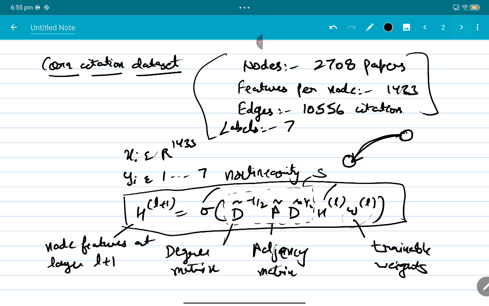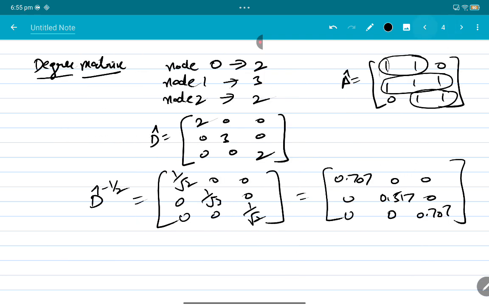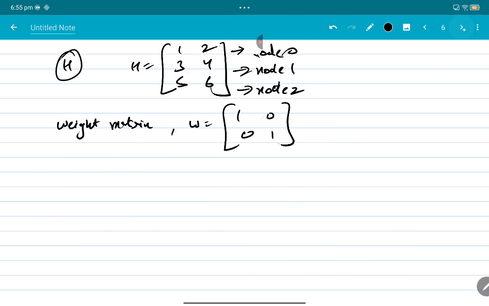One thing we didn't mention: we already have the adjacency matrix A or A hat, so why do we need to multiply it with D hat minus half and D hat minus half? We could also simply multiply A with H and W, but we need to do this.